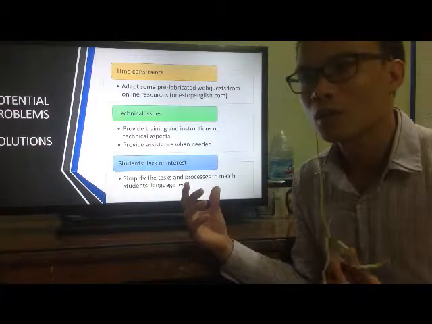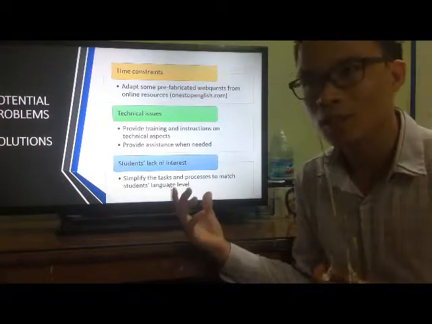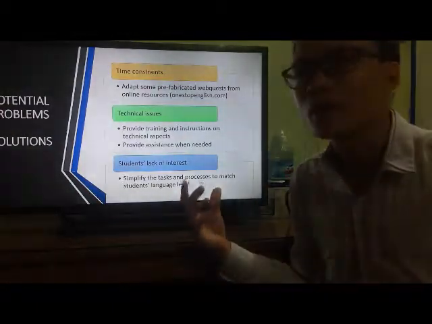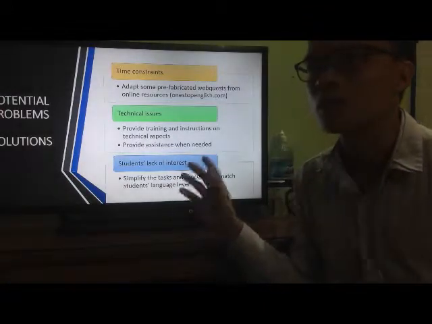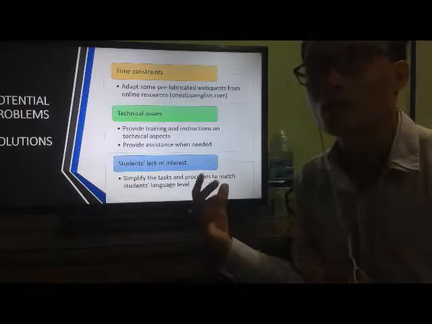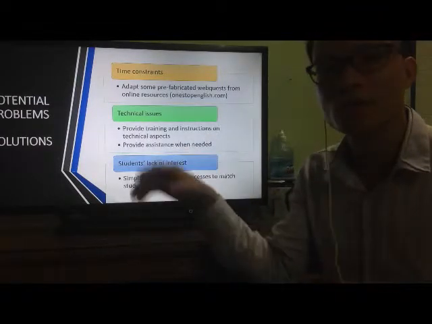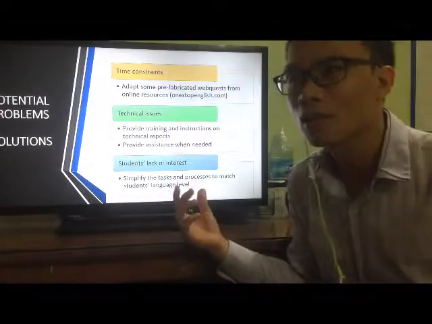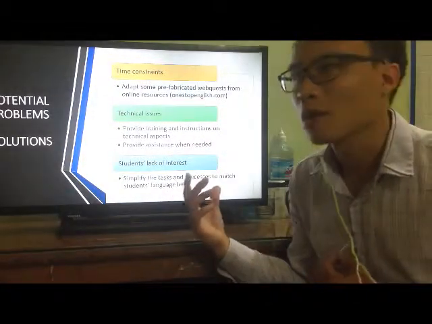WebQuest is a kind of liberating reading model, and I really hope that by using this model in my EFL reading context, the shift towards student-centeredness will be successfully manifested.